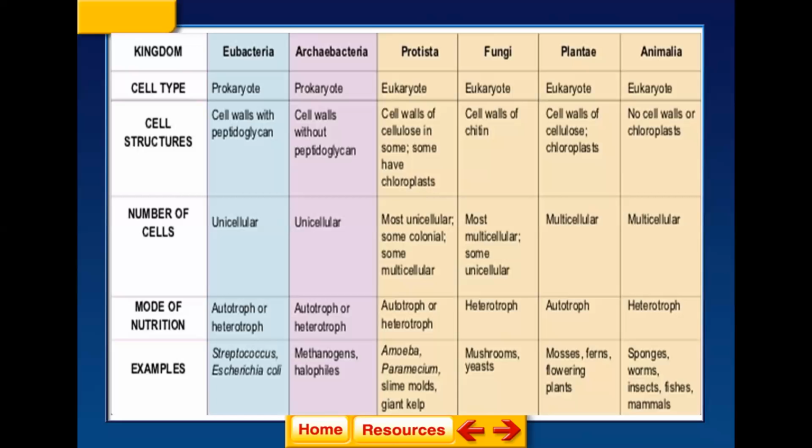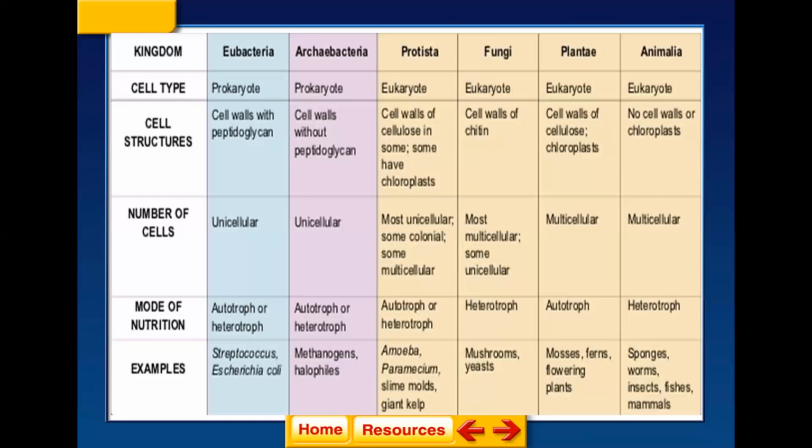And in terms of mode of nutrition, organisms in general are either autotrophic or heterotrophic. Autotrophic, like self-feeders, they make their own food, like Plantae, like Protista, like some bacteria and some archaebacteria. Heterotrophic, they are other feeders.